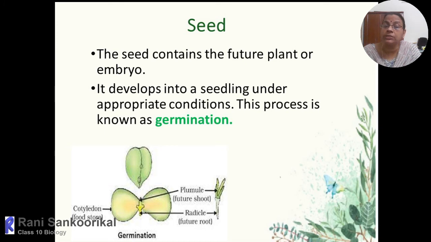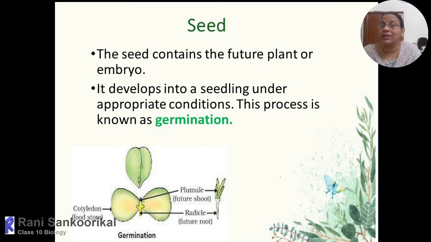This embryo consists of an upwardly directed part called the plumule, which later develops into the shoot. Then a downwardly directed part is called the radicle. The radicle will develop into the root. At the junction between the plumule and the radicle, the first cotyledonary leaves arise.